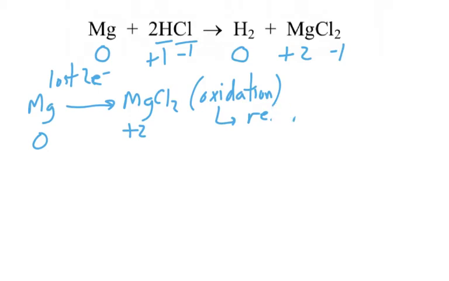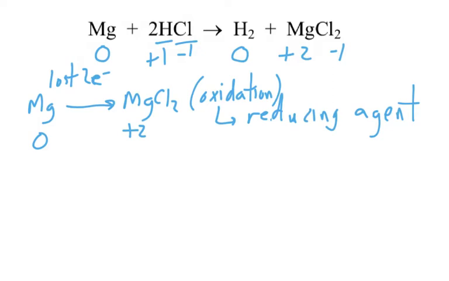Let me fix that up. He is the reducing agent. Okay? And now we're going to do the same thing here with the other one. Remember, in a redox reaction, you have to have both. Somebody undergoing oxidation, somebody undergoing reduction.